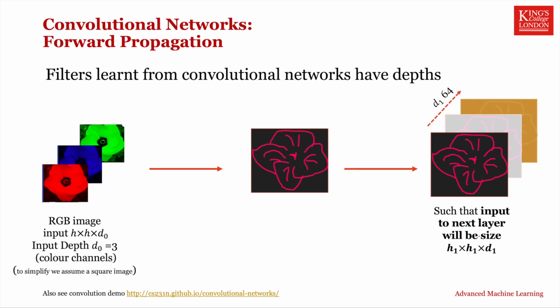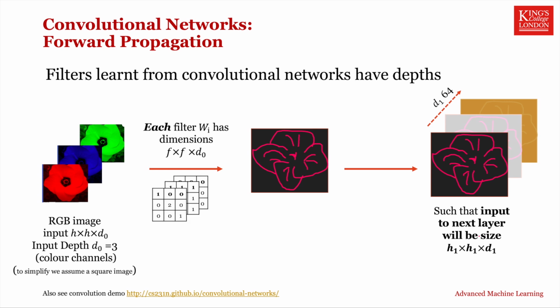For example, let's simulate the operation for this square RGB, or red, green, blue, image of a flower with equal height and width h and depth d0 equal to 3 for the red, green, and blue colour channels. Let's say that we learnt I filters of shape f by f by d0.